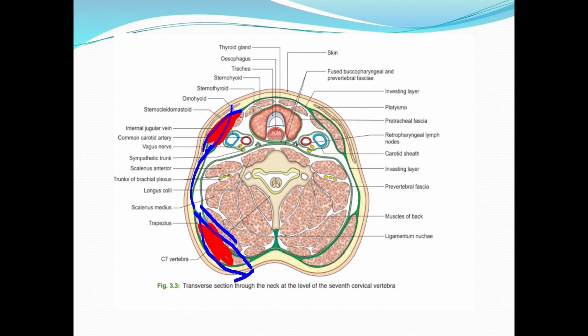So this area which I am marking with yellow color is the posterior triangle. Okay, so what all do we get in this posterior triangle?